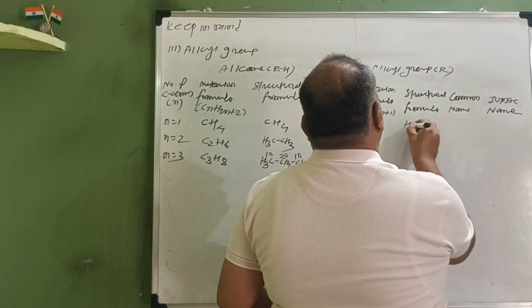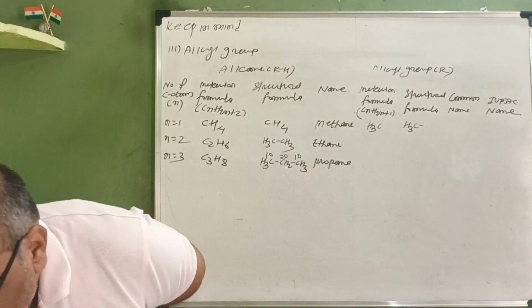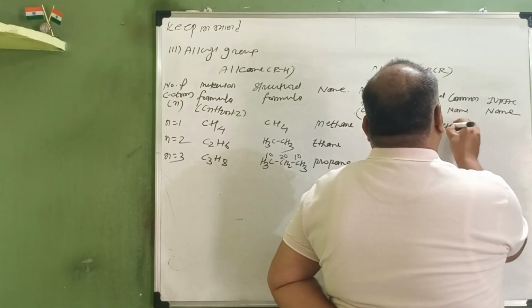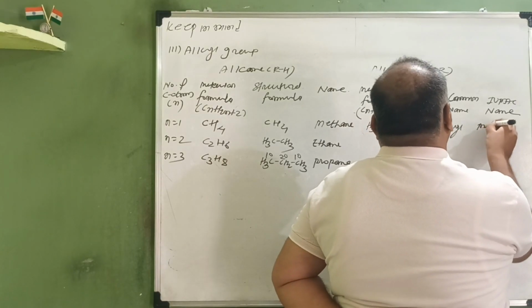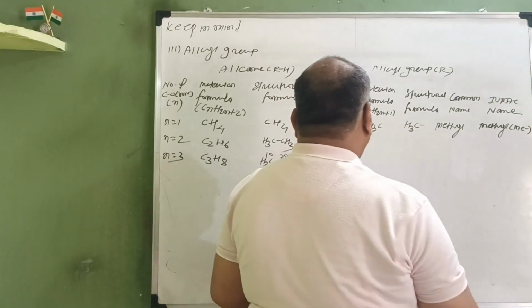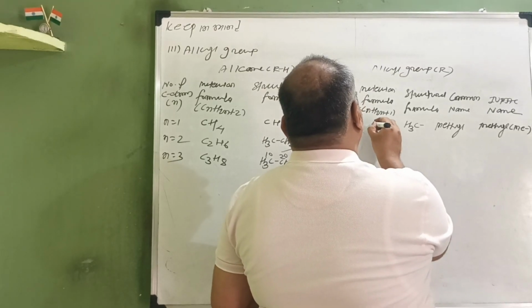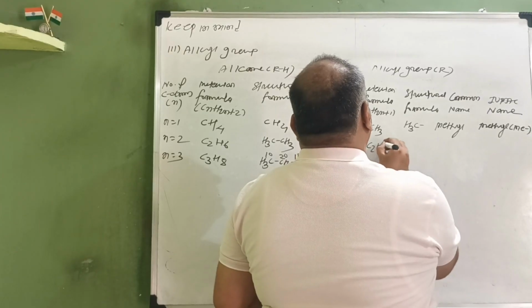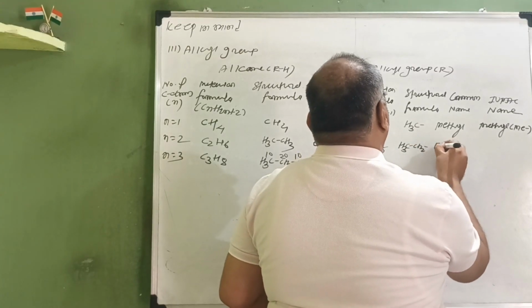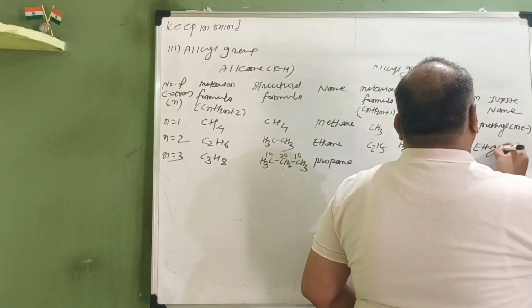CH3, common name is methyl and IUPAC name is also methyl. Then C2H5, common name is ethyl and IUPAC name is also ethyl.